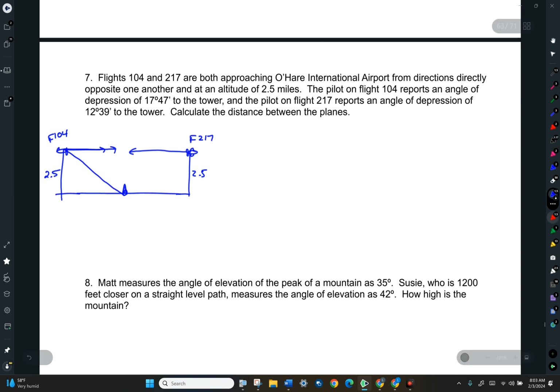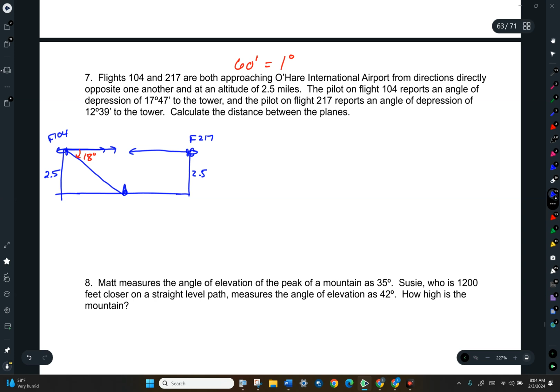Now, we measure angles in degrees and minutes. Just like you would imagine, 60 minutes equals 1 degree, but we're not going to do minutes here. Let's just round to the nearest degree. So 17 degrees and 47 minutes would be the same as 18 degrees, so the angle of depression right there is 18 degrees.